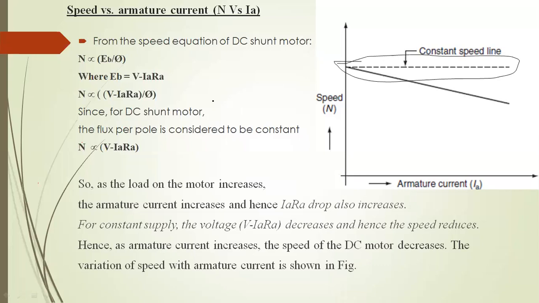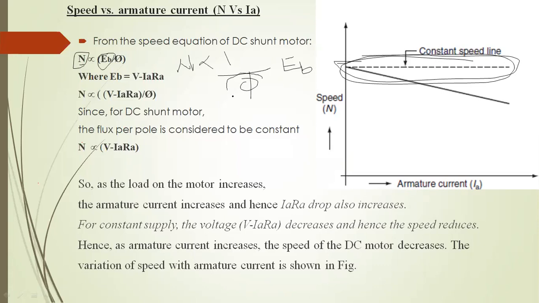N is directly proportional to the back EMF, that is the voltage, but inversely proportional to the flux. If the back EMF produced by the DC motor is constant, then the speed is also constant. So here the line indicates the constant speed.